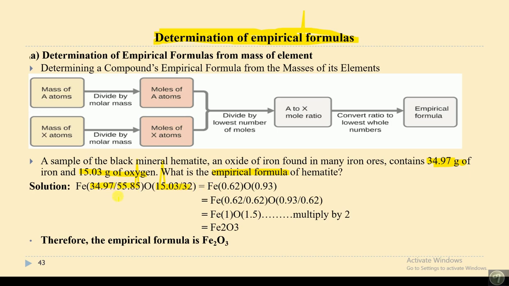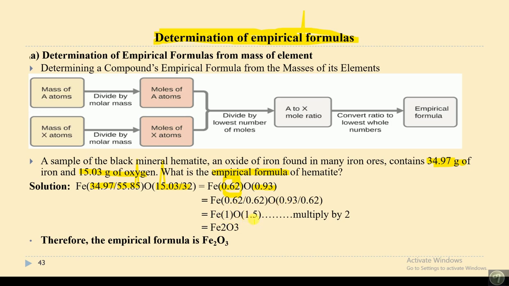34.97 divided by this gives 0.62, and 15 divided by 32 gives 0.93. Then the next step is to divide by the smallest mole. Of the two, the smallest mole is 0.62, so we divide both by 0.62. This becomes 1, and this divided by this is 1.5.